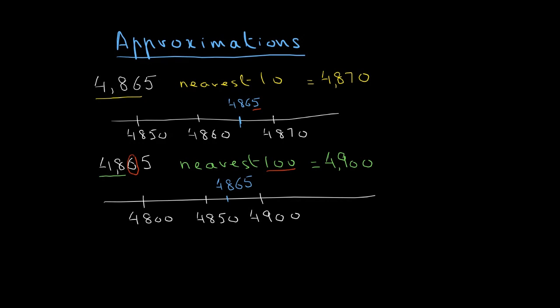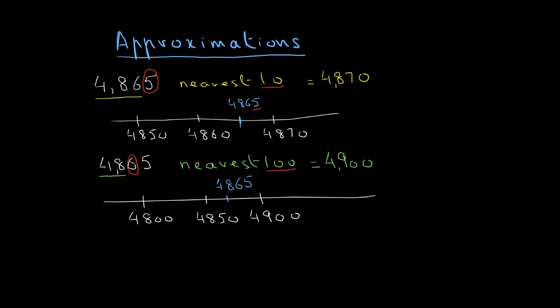I could have played the same game earlier when rounding to the nearest 10. I look at the units place, which is to the right of the tens place. Since the units place is greater than or equal to 5, I'm going to round up 486 to 487, and then obviously I'm going to put a 0 because I'm only counting in tens.